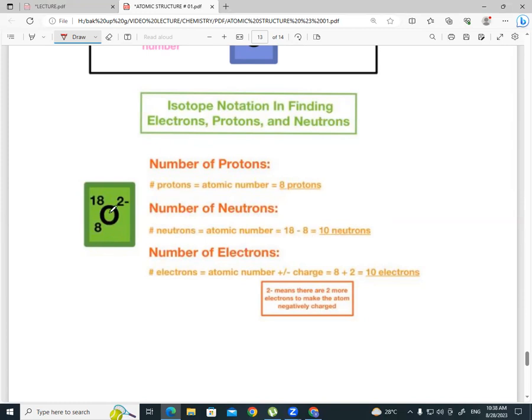When we talk about electrons, we apply the same formula: atomic number minus charge. The atomic number is 8, so minus minus 2 becomes 8 plus 2, which is 10 electrons. In this way we find the electrons, protons, and neutrons from isotope notation.